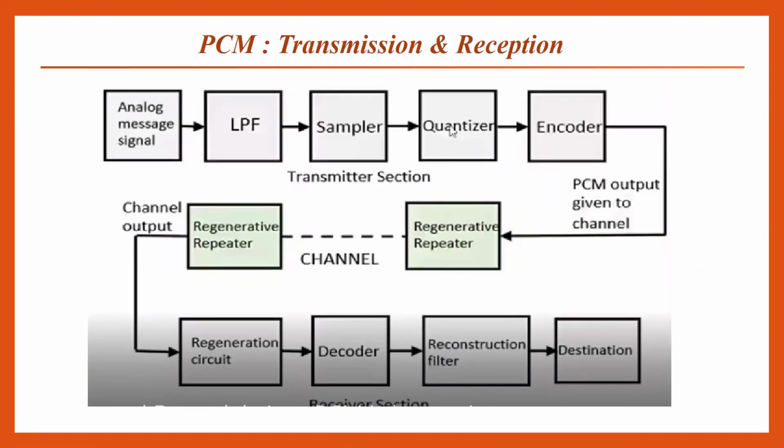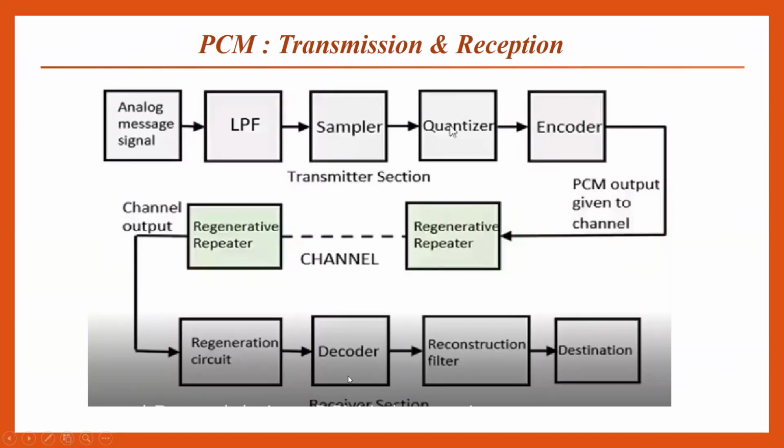It will generate the exact replica, or the exact fresh copy, of our transmitted PCM signal. The same transmitter section is provided here, and it will again generate this PCM signal and then transmit. And then again, depending on the distance, we have to use the number of regenerative repeaters. For short distance transmission, this regenerative repeater is omitted.